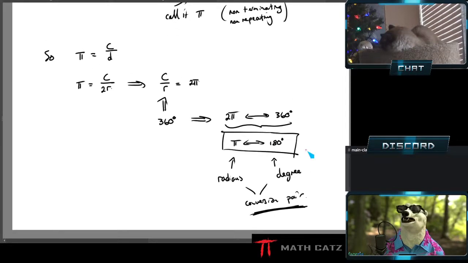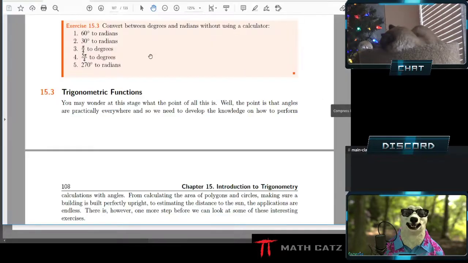So then the only thing that is really left is using it. Just like when we converted length units, practice that a little bit. Same thing now. I want to just practice converting between these two units for measuring an angle.